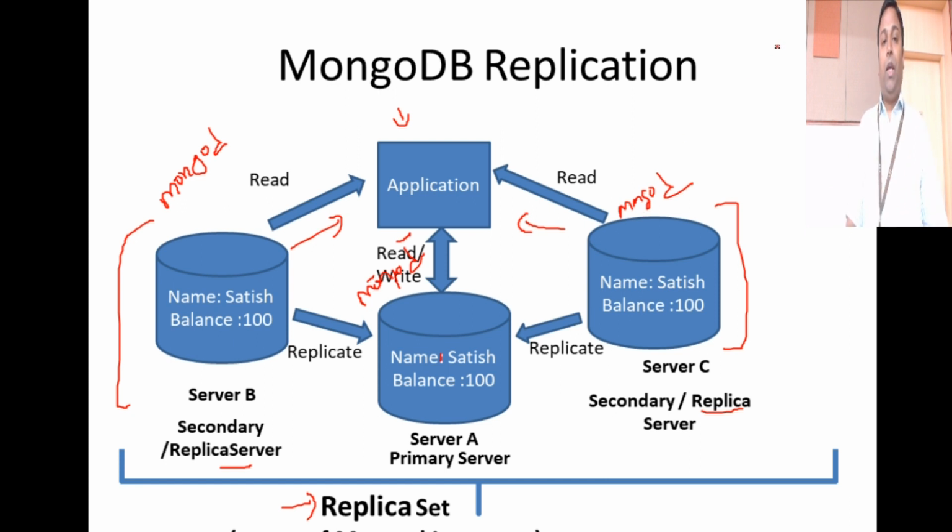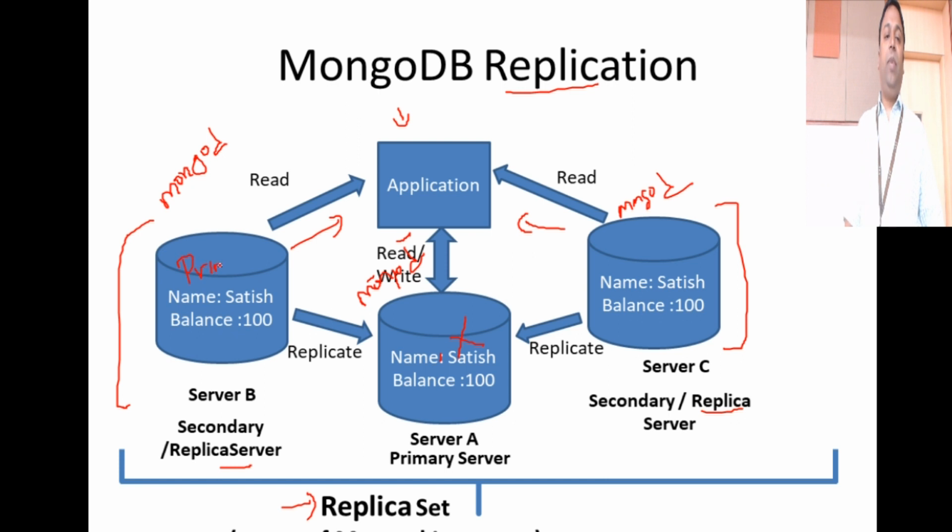Another important thing that is supported in MongoDB replication is if the primary server to which the application writes data fails, it can fail due to a network issue or a hardware issue. So when it fails, what happens is an election happens between the remaining two servers, and immediately a new primary gets elected.